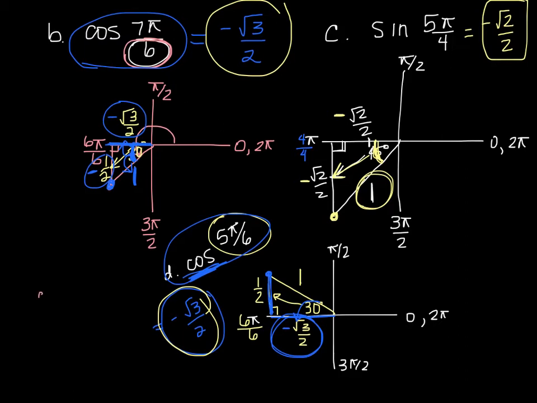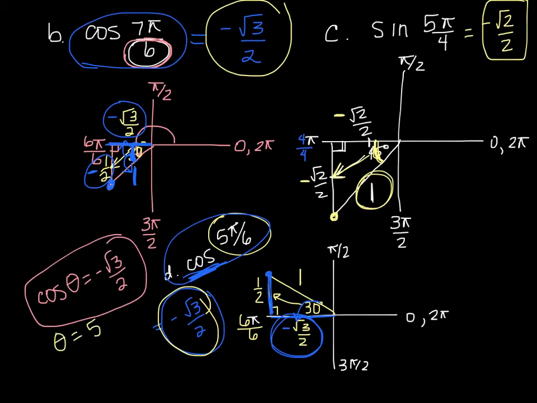So when I'm going to solve, and I'm looking for where the cosine is negative square root of 3 over 2, if this is my question, I now know that I have two angles which make that happen: the 5 pi over 6, which I just found, and the 7 pi over 6 that I found earlier. There are two triangles that both have a negative x value.